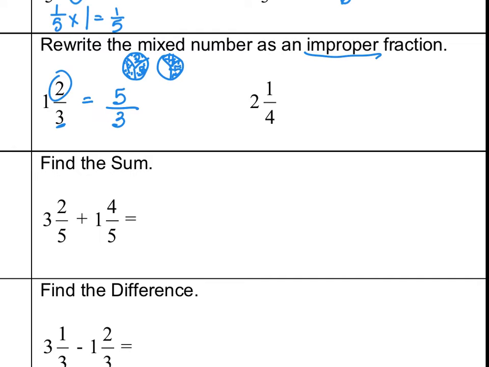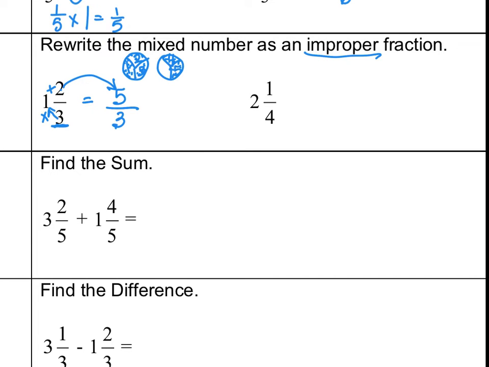So this is another way to look at it. Once you understand what it really means, then you can take some shortcuts. And you start right here with your denominator and say 3 times 1 is 3, then plus 2 is 5. Pretty cool. The denominator stays the same. That's just the size of the pieces, and we did not change the size of the pieces. We didn't chop them in half or anything like that. They are still thirds.